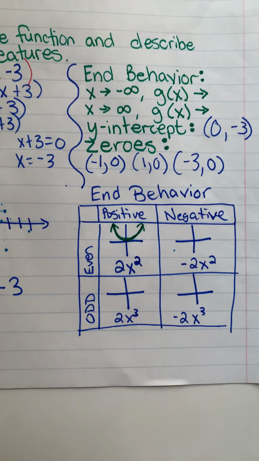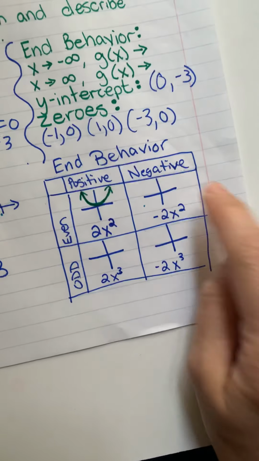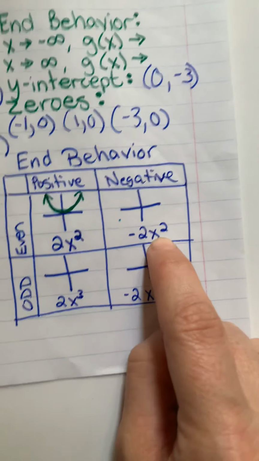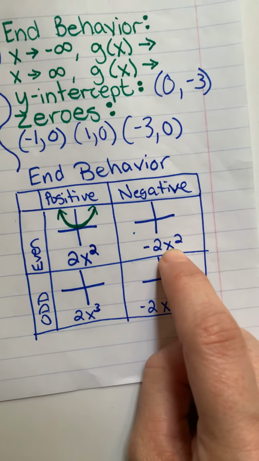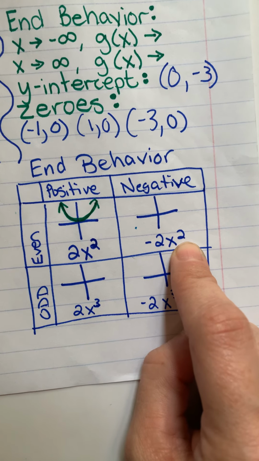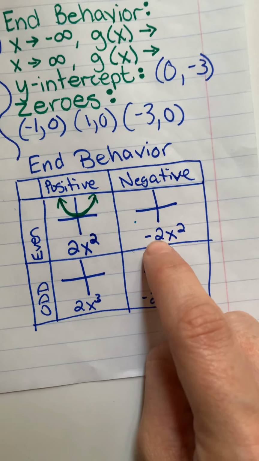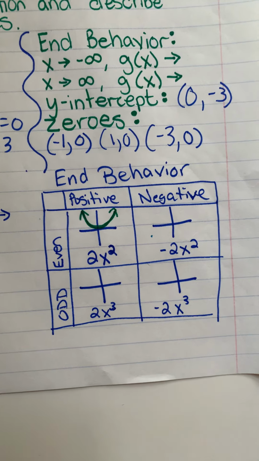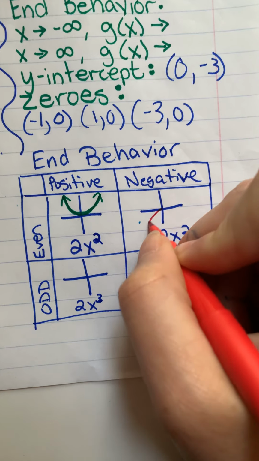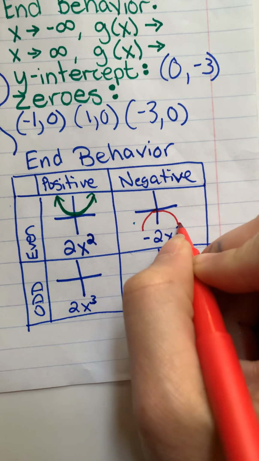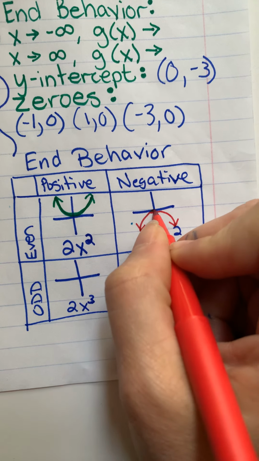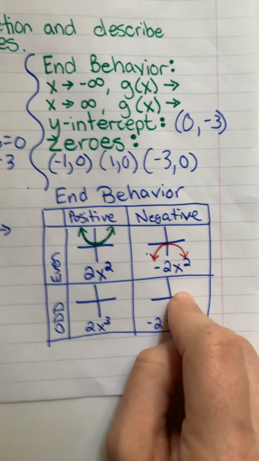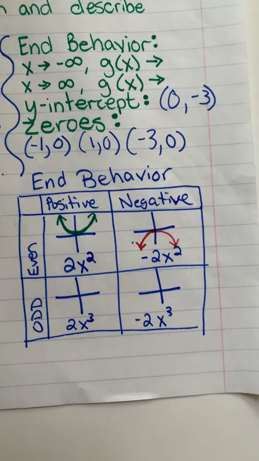Okay. If we have a negative coefficient and an even exponent, think about that. If this number's positive and I square it, it's going to stay positive. But then I multiply it by a negative. So this graph is going to flip and go down. Both directions, it doesn't matter, it's going to be negative.